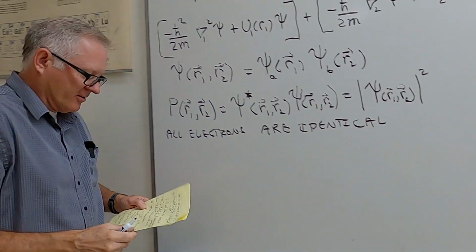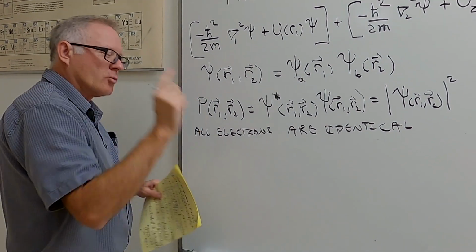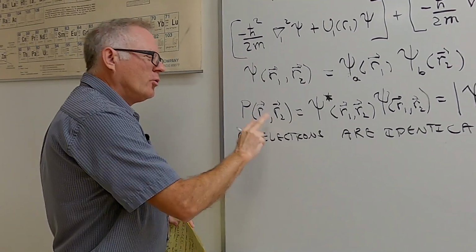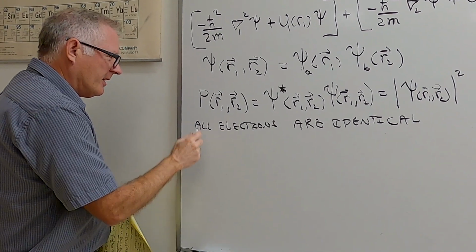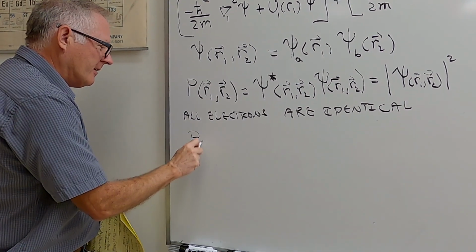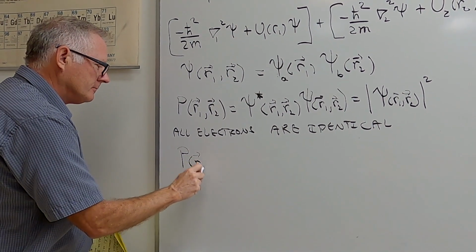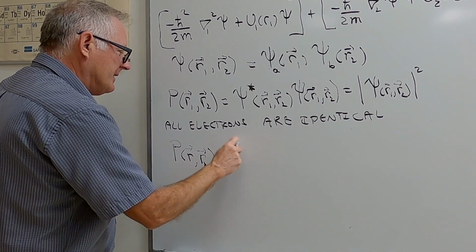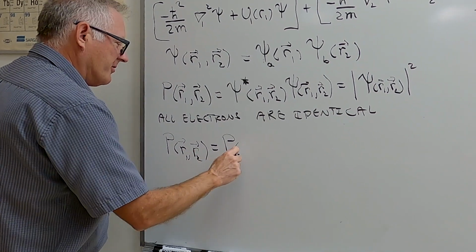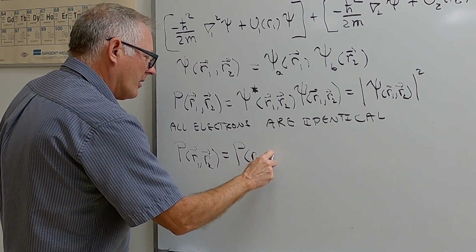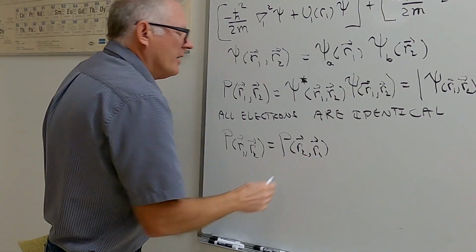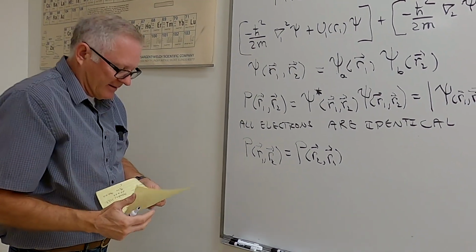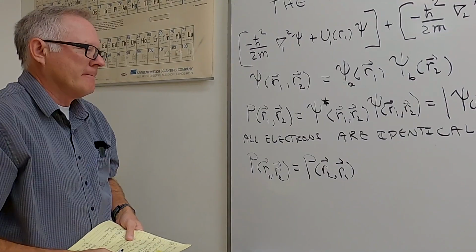They're all identical, which means if I swap the two electrons, you wouldn't know the difference. So the probability of R1, R2 should be the same as the probability of R2, R1. Since they're identical, if I just swap the two, I can't tell the difference.